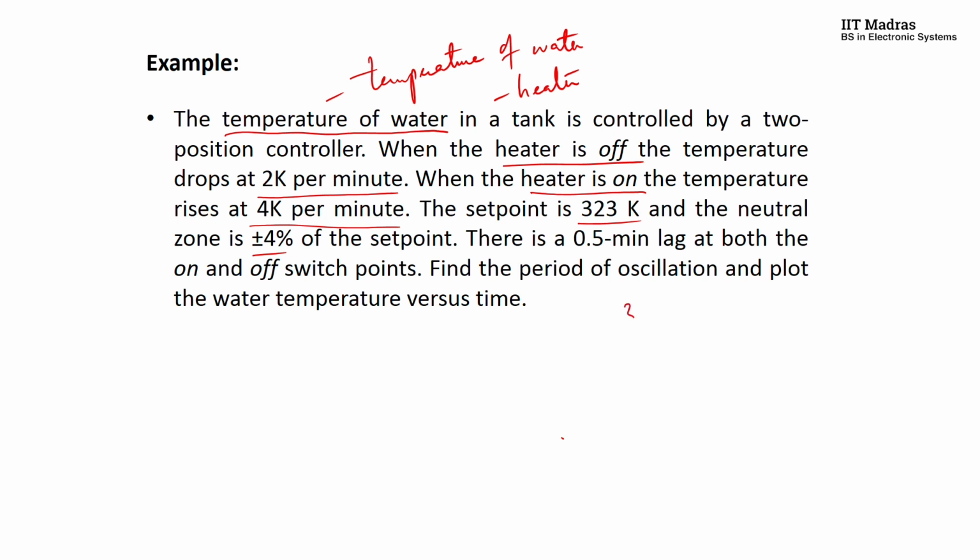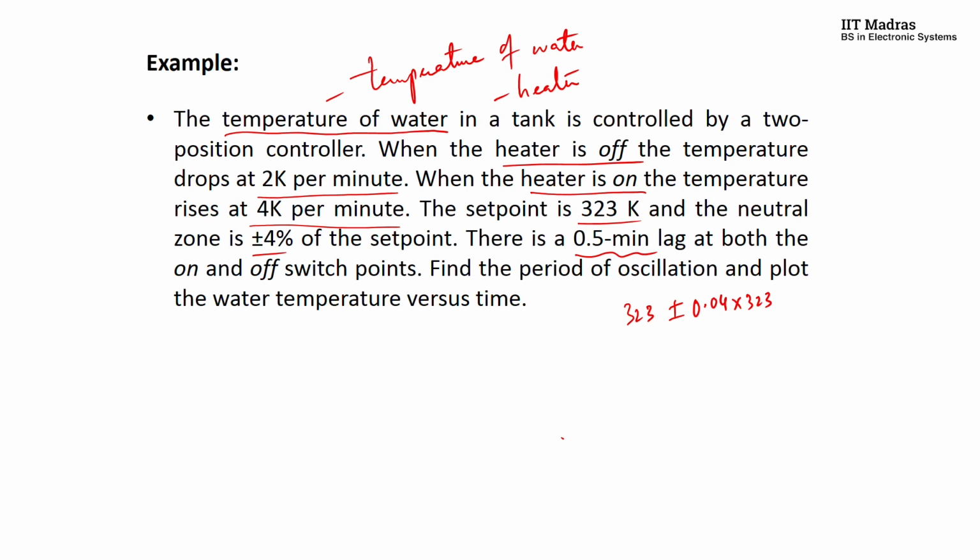That means 323 plus or minus 0.04 into 323. This would give you the value of the neutral zones. One more thing is that there is a 0.5 minute lag at both on and off switch points, which is quite possible in a practical system.